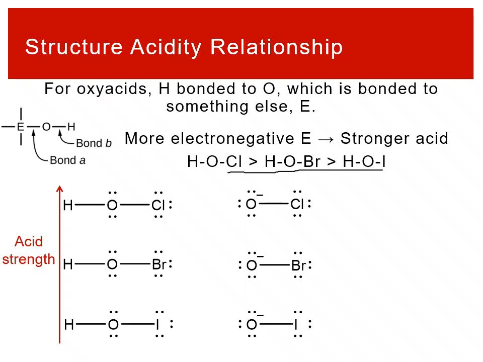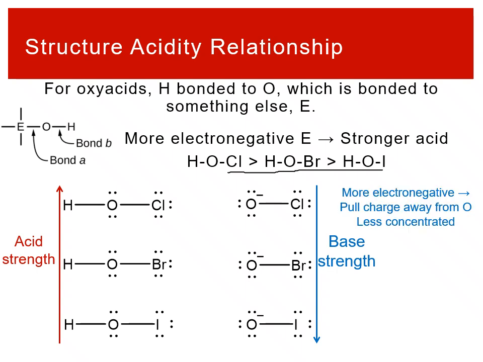And the reason for this is actually all in the base description. The reason why HOCl is a stronger acid is because OCl minus is a weaker base, and the reason is that you have that more electronegative atom.